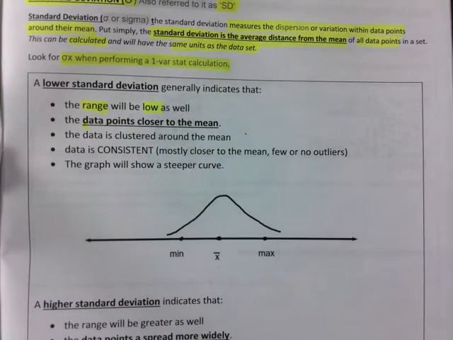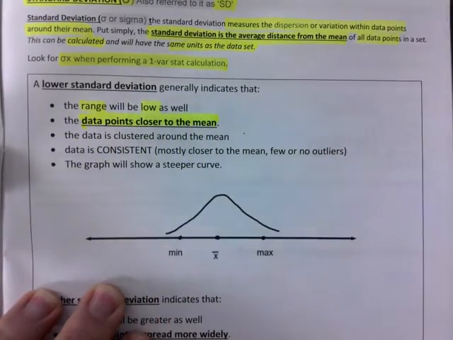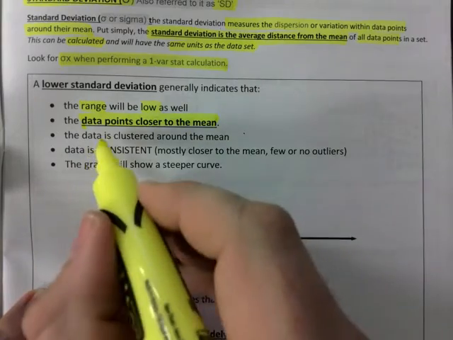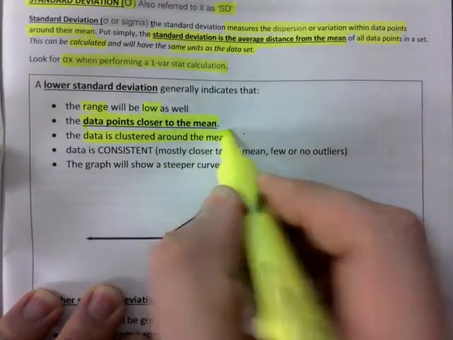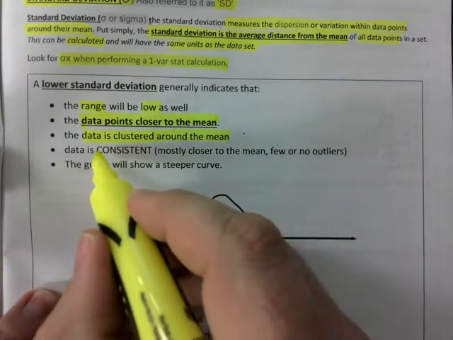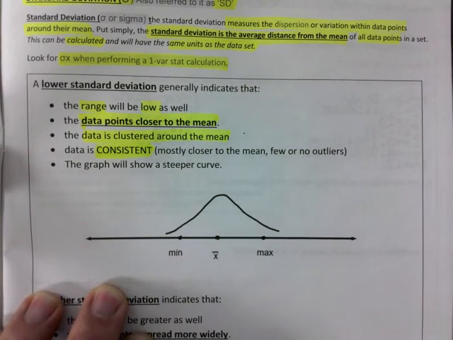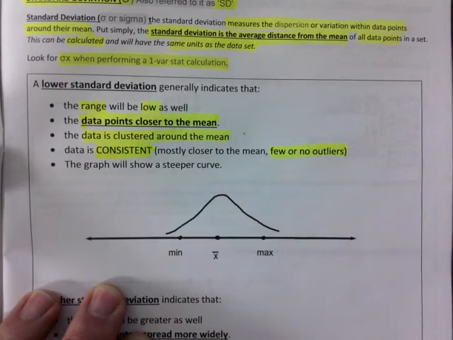If the range is low, that means the difference between the largest and the smallest is becoming smaller. So the data points will be closer to the mean. Data is clustered around the mean. We would also say that data is pretty consistent. That is huge. There are few or no outliers.